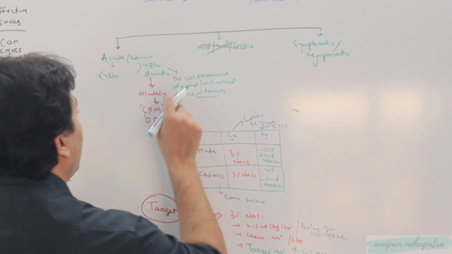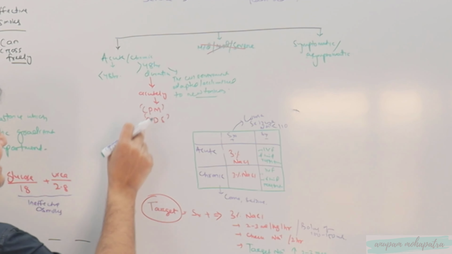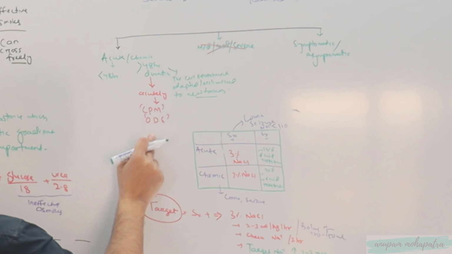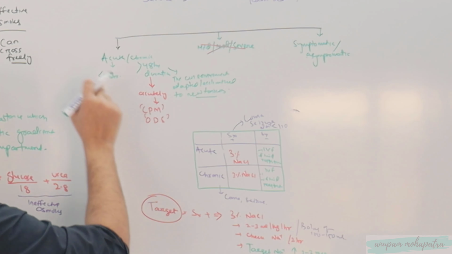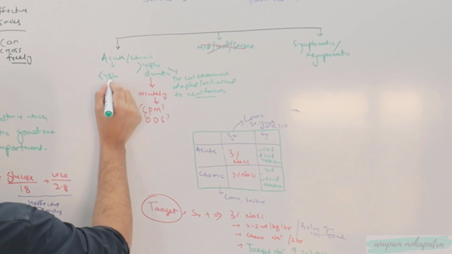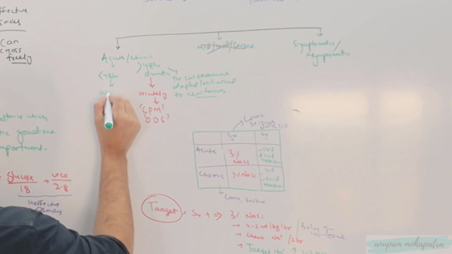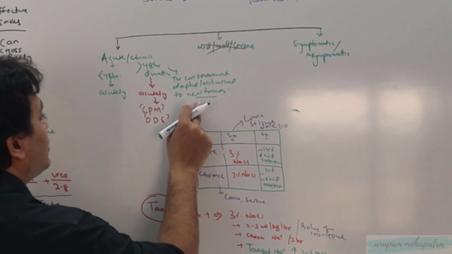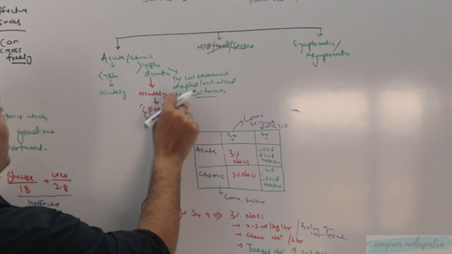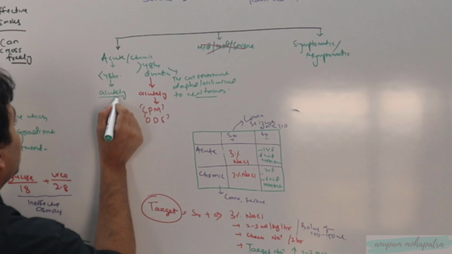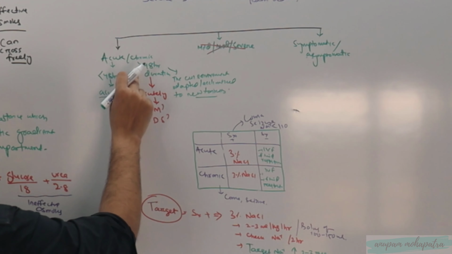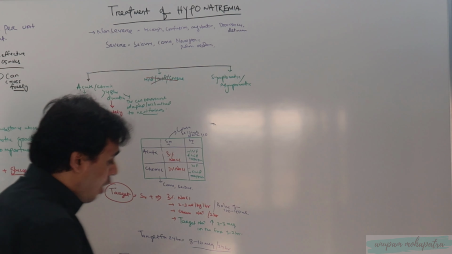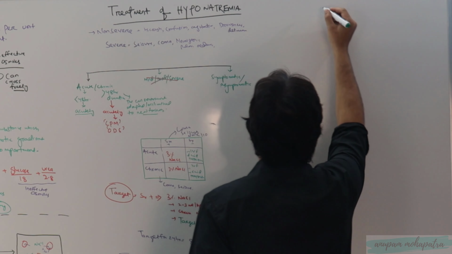So at that time, if you want to change things drastically, then there will be problems, and those problems are called CPM and ODS. However, if it is less than 48 hours, you can treat it acutely, because the cells do not get a chance to adapt to the new environment. So here we have an option to treat it acutely, but if it is more than 48 hours, we have to be very careful.